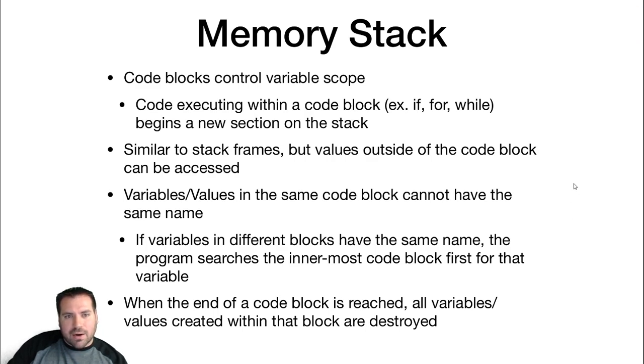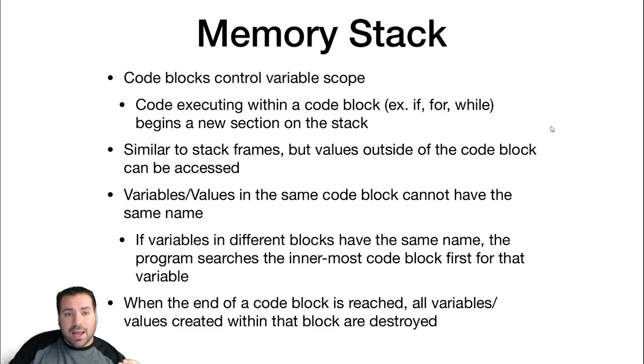Similar to stack frames are code blocks. Whenever a code block begins, so any conditional, loop, or anything, whenever we start a new code block, we also segment our execution. The interpreter is going to segment that execution after compilation and everything, but not to the extent of a stack frame.